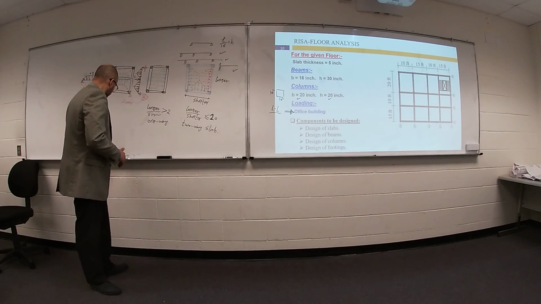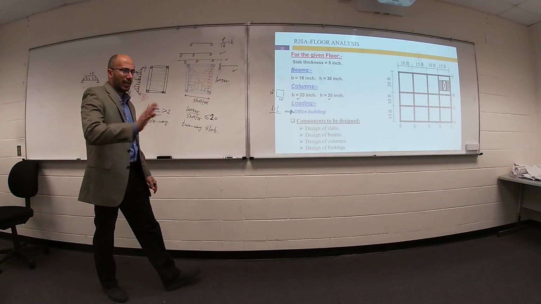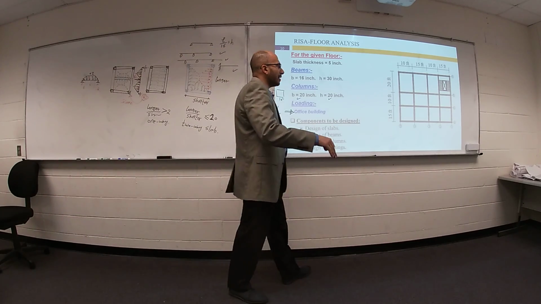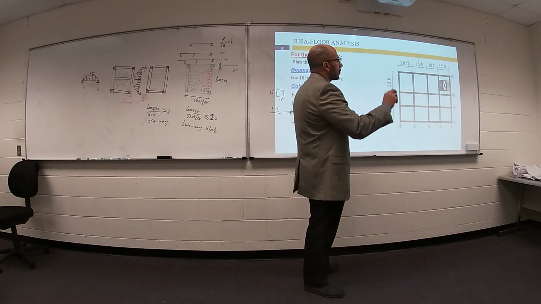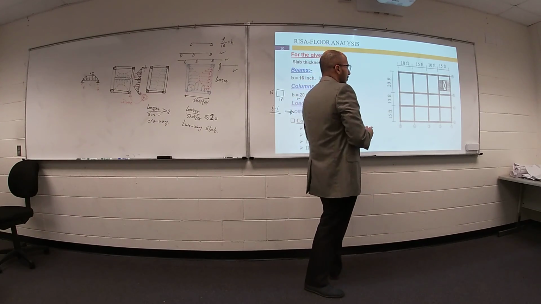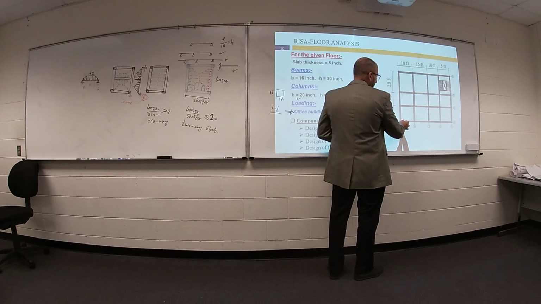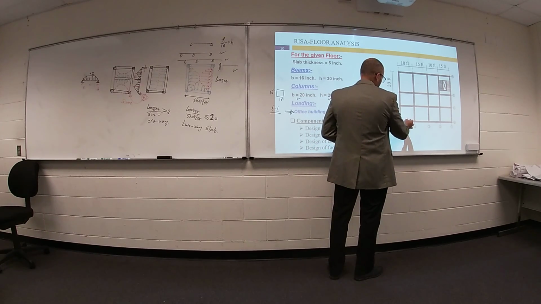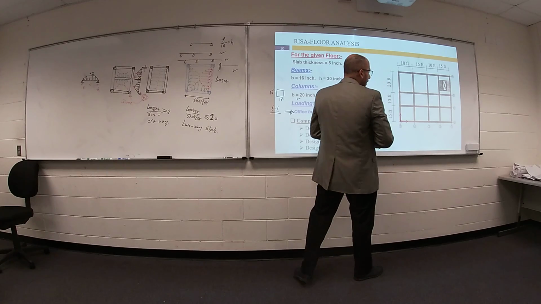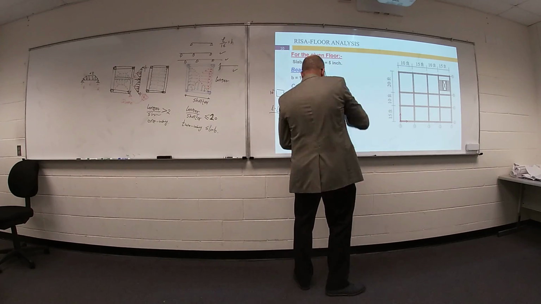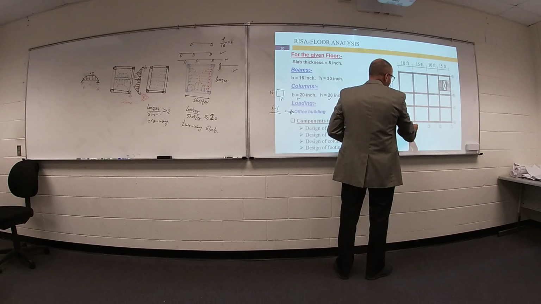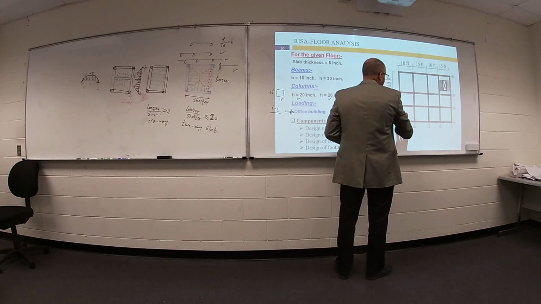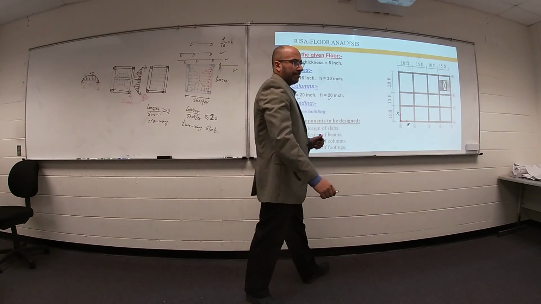First step, like RISA, like we learned before. First step, we need to figure out what are the coordinates of your points. So your origin, I will select this point as my origin. RISA Floor is working on the X plane.